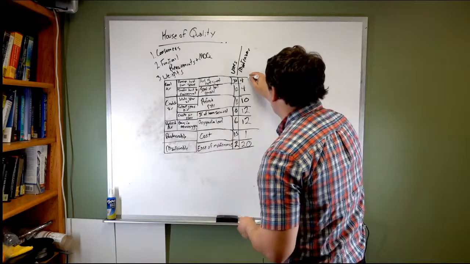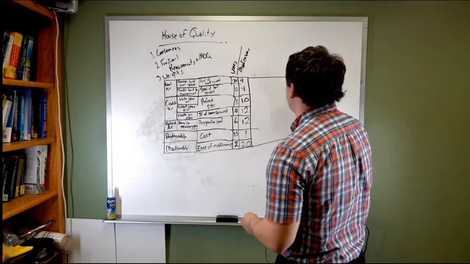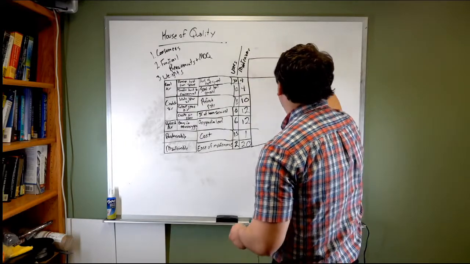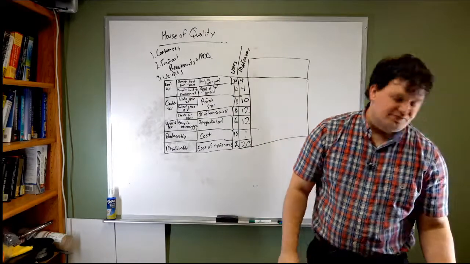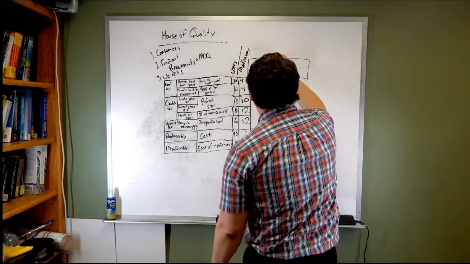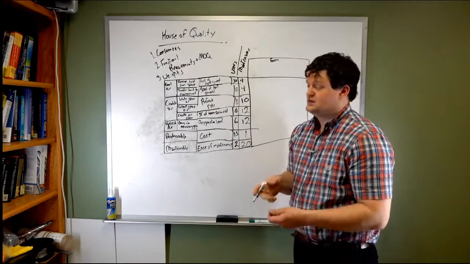Now here in the middle, well, before we get there, we're going to talk about this piece up here. That piece up there is your form. It's the actual physical construction of the unit.